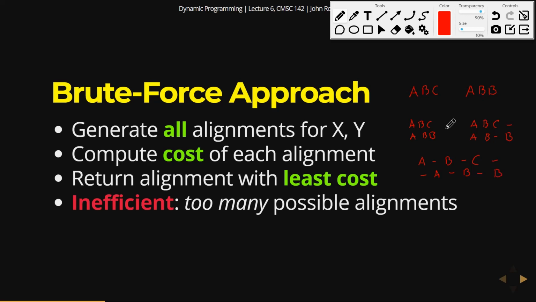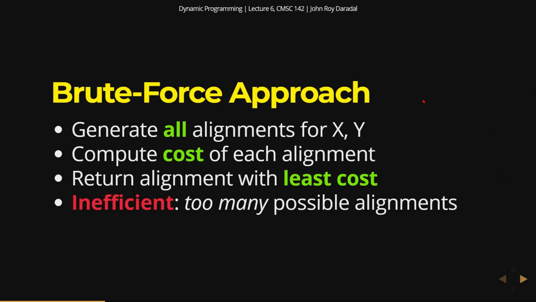So there's way too many possible alignments for you to be able to solve this efficiently. Okay, so it's not wise to generate all possible alignments and compute their cost and find the least cost. So we will use dynamic programming to solve minimum edit distance efficiently.